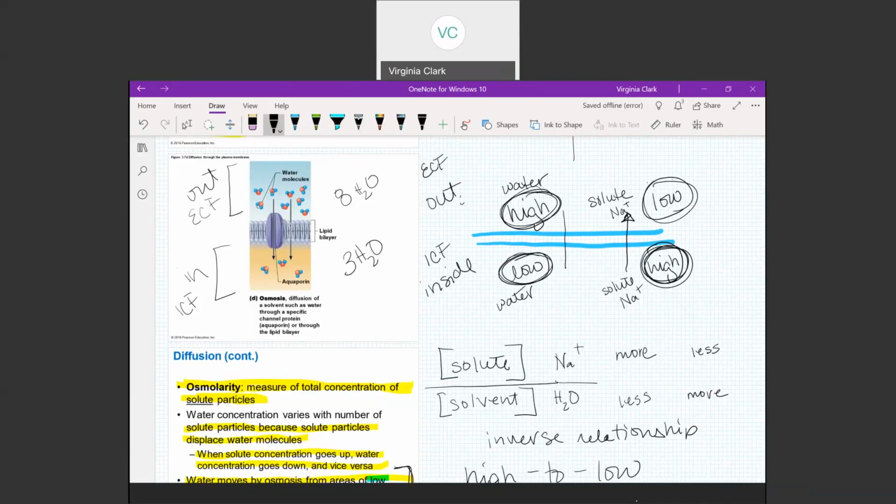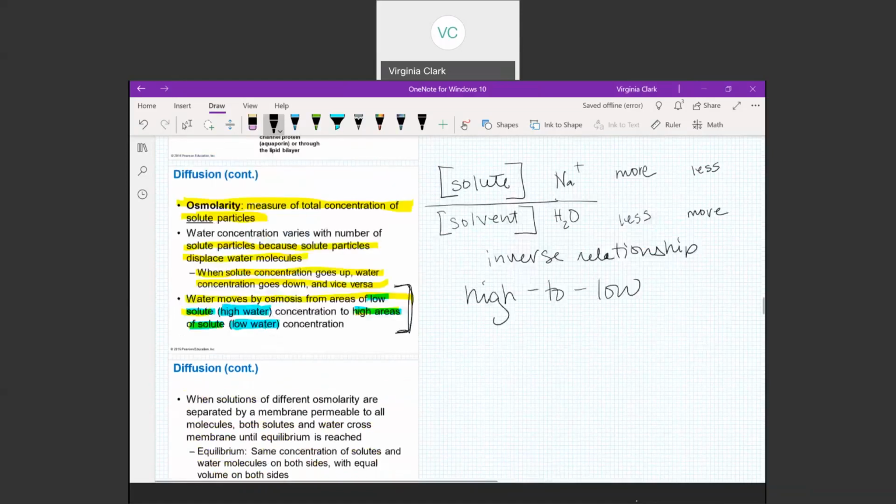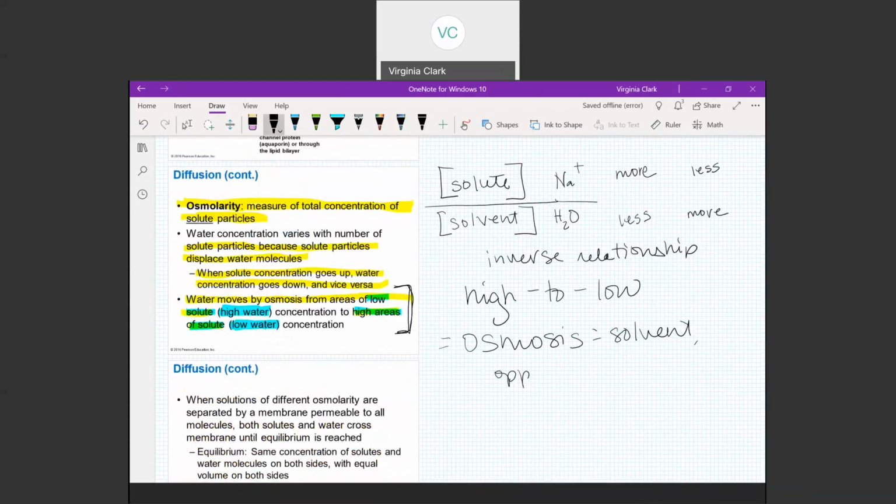So they are actually moving in different directions. With diffusion, you're moving the solute across the plasma membrane, but in osmosis, as a reminder, you're moving the solvent, and it is going to be the opposite direction from the solute. It's very tricky. I want you guys to know that concept.